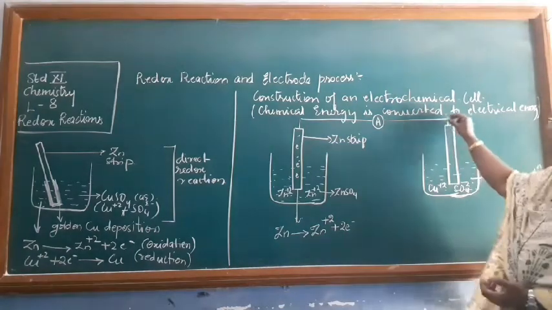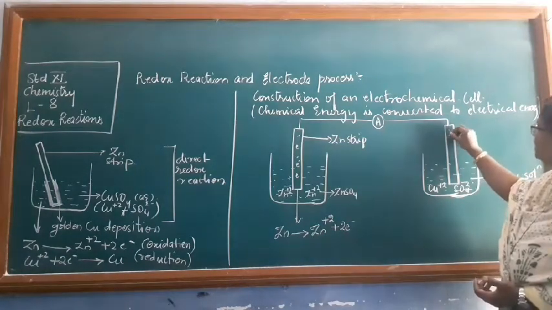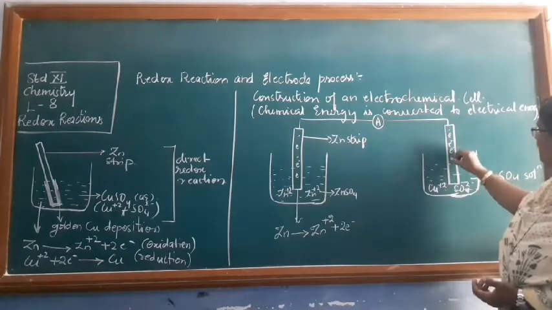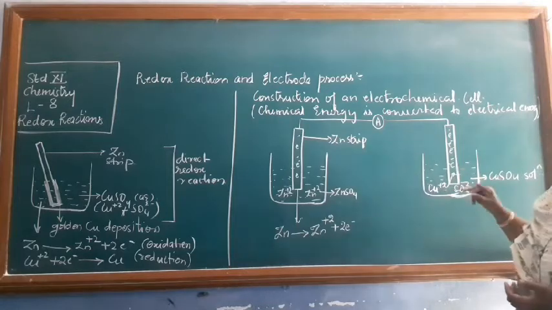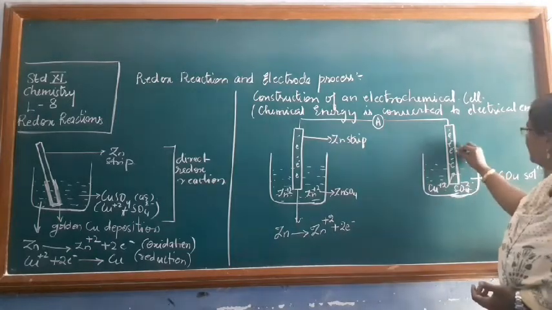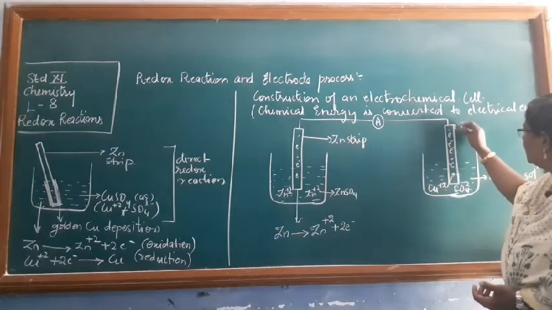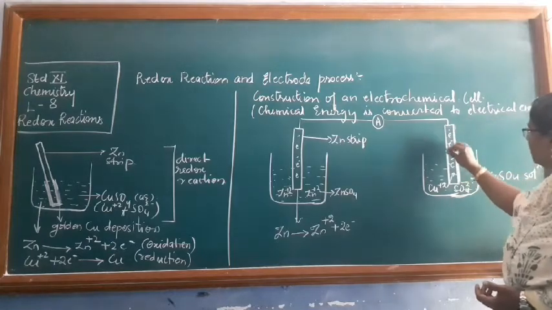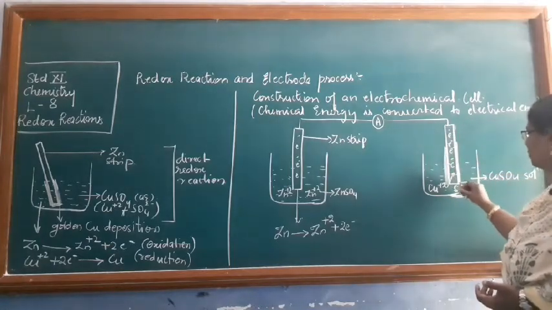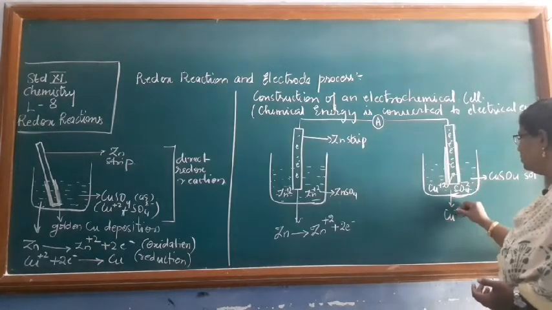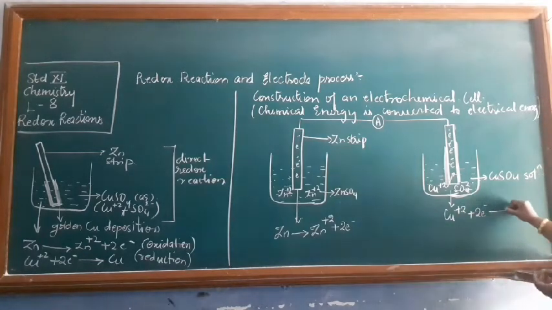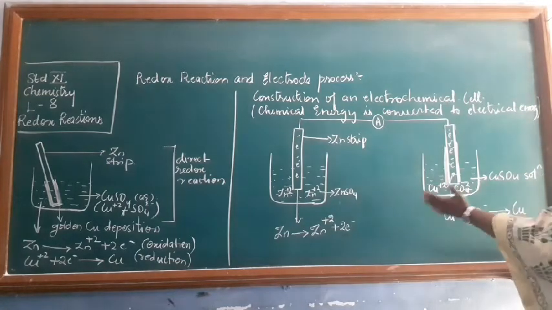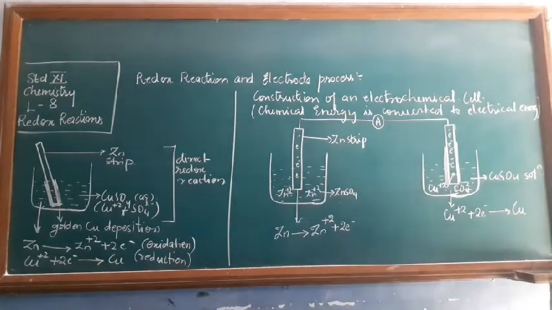These electrons will be taken up by the Cu plus 2 ions which are present here, and there will be deposition of copper, or copper gets reduced here. Here Cu plus 2 will take the 2 electron and you get Cu. So this is the oxidation reaction, this is the reduction reaction occurring.